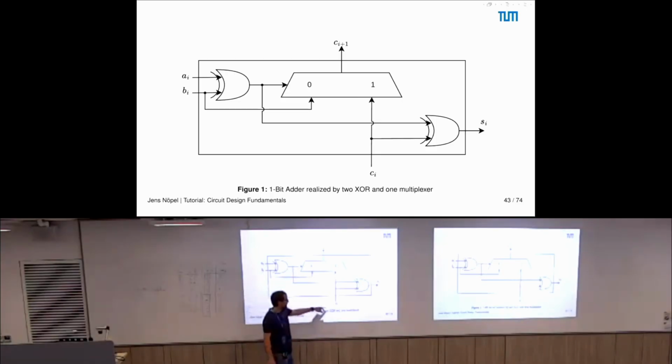Or in the other case, it's Ci, which then forms our next carry, so our carry out. And for the sum, it's just another XOR with the carry in. And this is our result then in the end. Okay. Any questions? No. Okay.